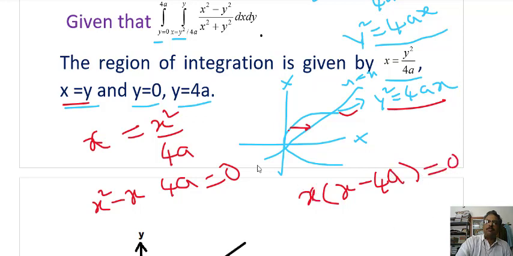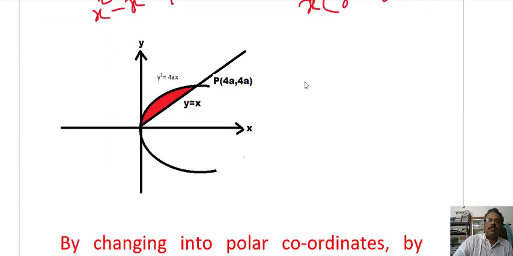So x becomes 0 and also x equals to 4a. When x equals to 0, y is also 0, which is the first point of intersection; the other point of intersection is 4a, as shown in this diagram. This is y square equals to 4ax, this is the straight line, this is the parabola. Now this is the given region R.